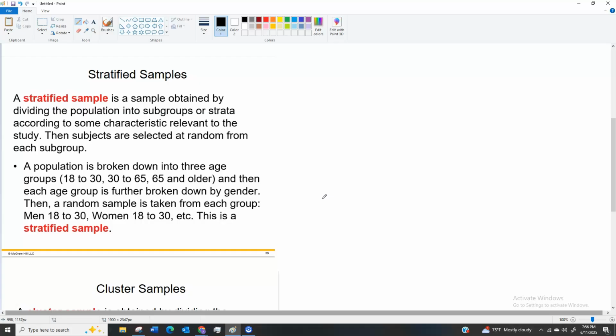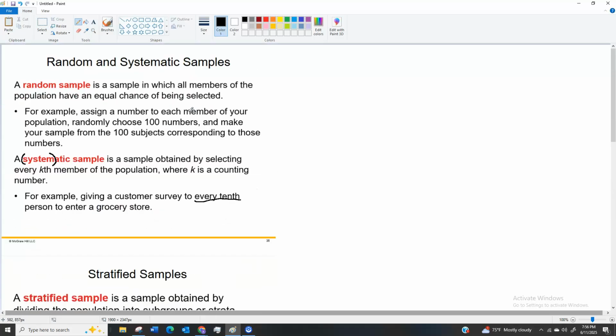Another example for systematic sampling would be, let's say you wanted to find out the breakdown of the different colors of cars in a parking lot. You don't want to look at every car in the parking lot, but you might mark down every 10th car, every 5th car, every 20th car.